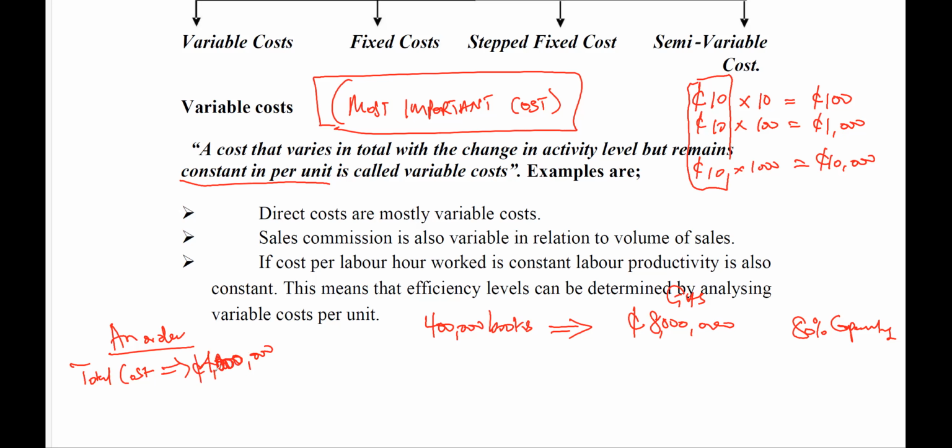This is the total cost, 4 million Ghana cedis. And they are telling us that the fixed element in this total cost amounted to 2 million, something like that.